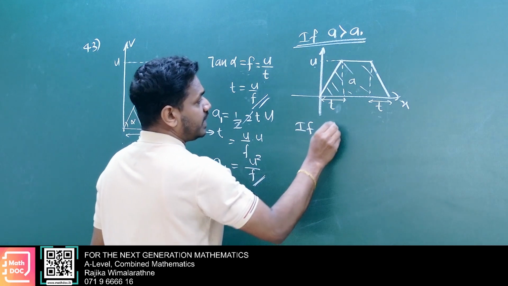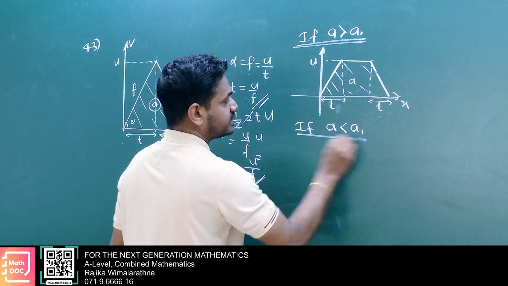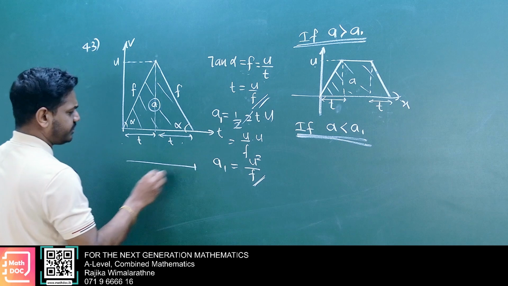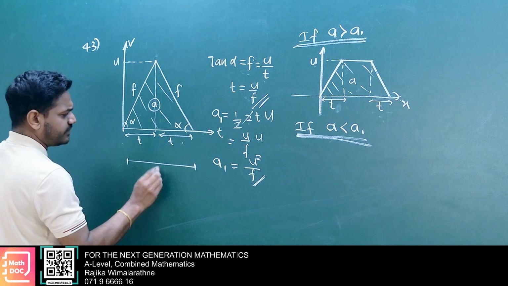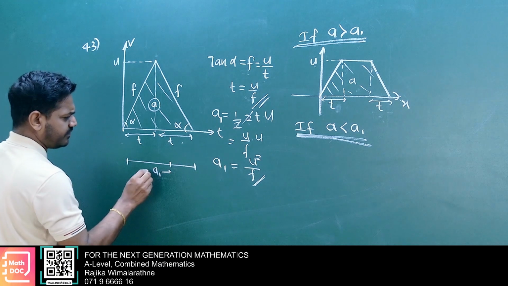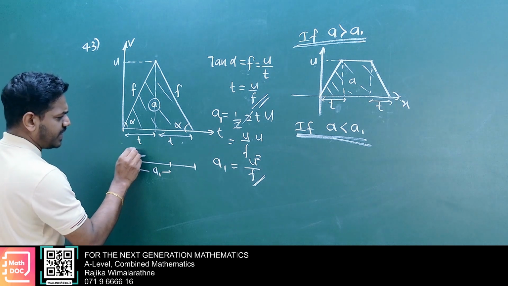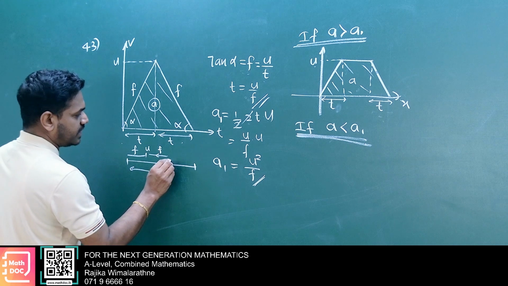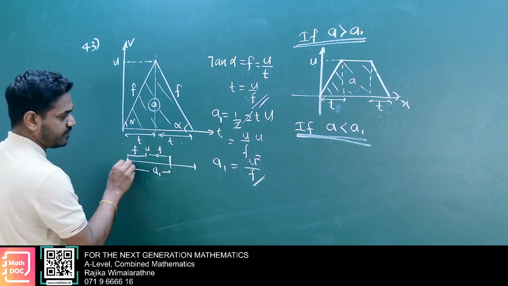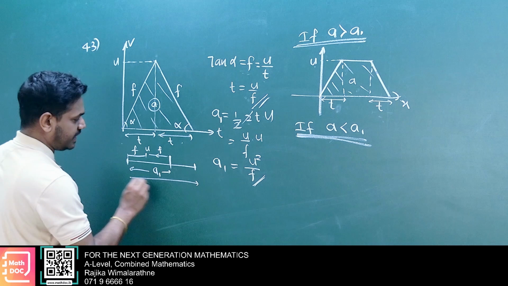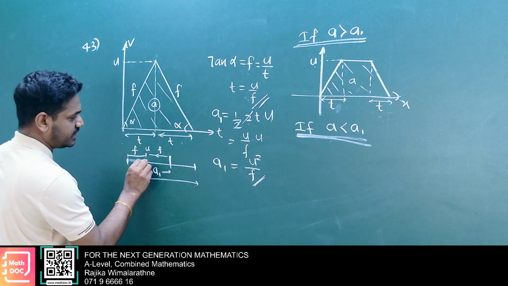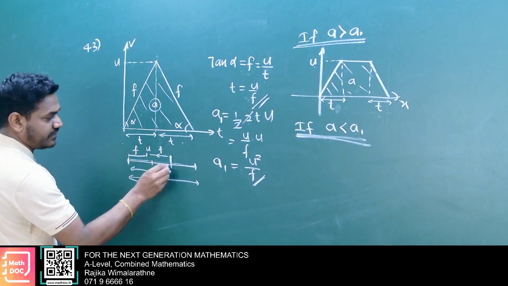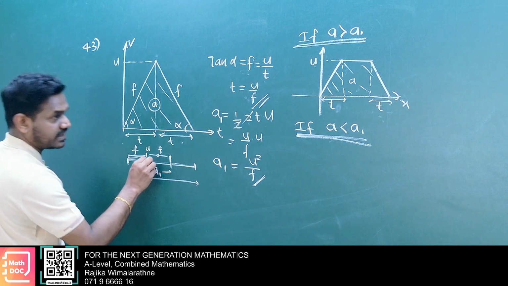Then if a is less than a1, consider this displacement. Now here this is a1, here this is a1. So for this case it can accelerate and reach maximum velocity, then it can just retard and come to rest at this position. So if the displacement is greater than a1, it can accelerate, then uniform velocity, finally retard. If the displacement is less than a1, then it accelerates and then retards.